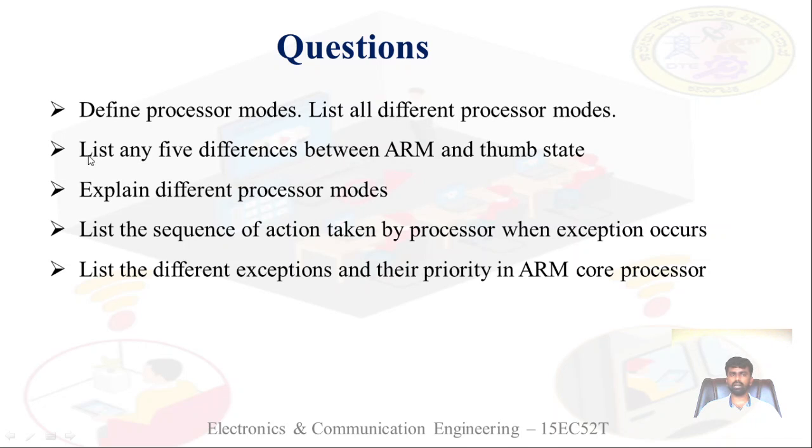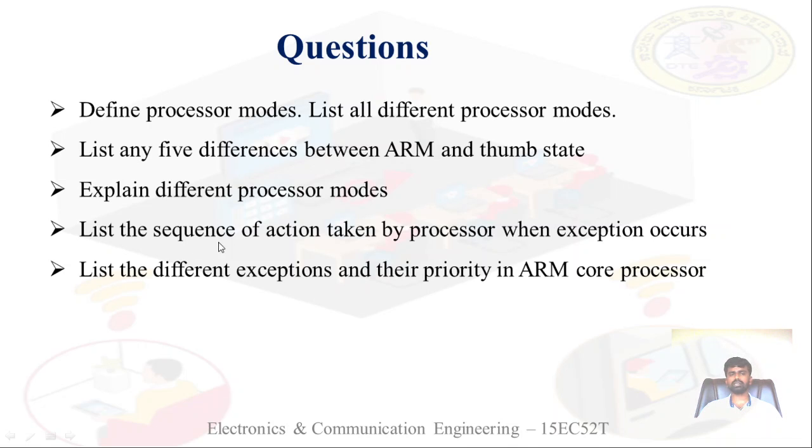You saw that table, so you should list at least 5 differences between ARM and Thumb state. It's also for 5 marks. Explain different processor modes. In this case, along with one simple diagram, you need to explain individual modes. A detailed explanation is required for this question.